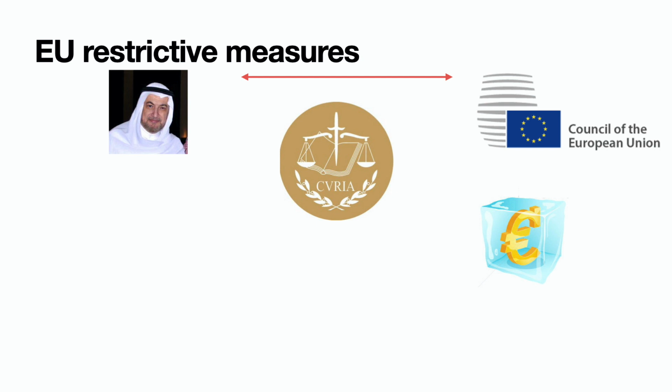The Court of Justice has full review for compliance with these fundamental rights, including the right to property, the right to be heard, the right to an effective legal remedy. The right to be heard does not require the Council to hear the person before placing his name on the list, but it obliges the Council to give the listed persons the opportunity to challenge their inclusion on the sanctions listing or to test the evidentiary basis.